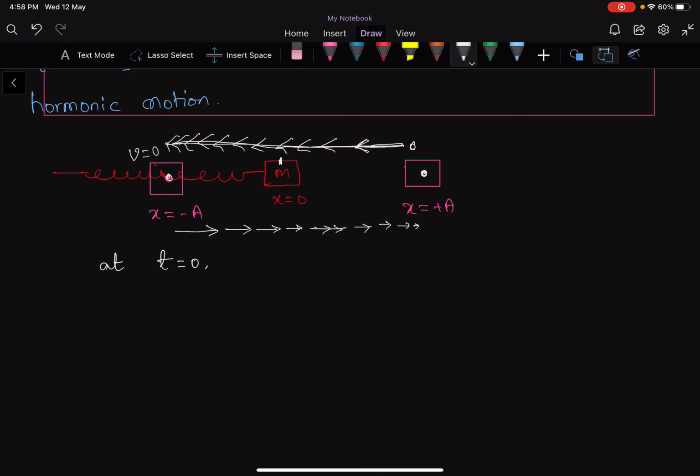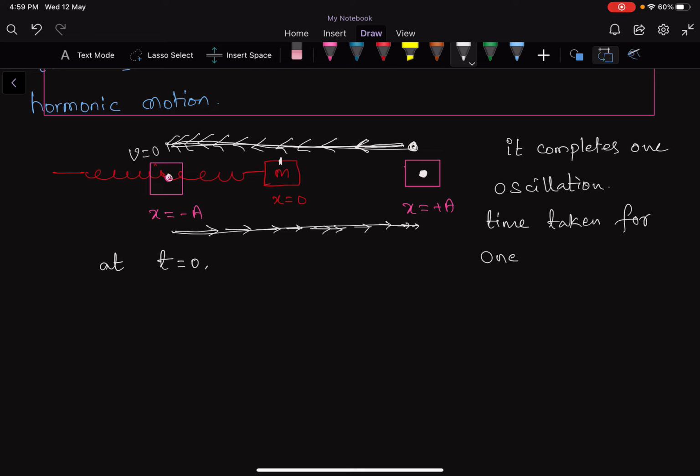When a particle moves from plus a to minus a and minus a to plus a, that means it completes one oscillation. One oscillation is nothing but it has to come back to the same position again.